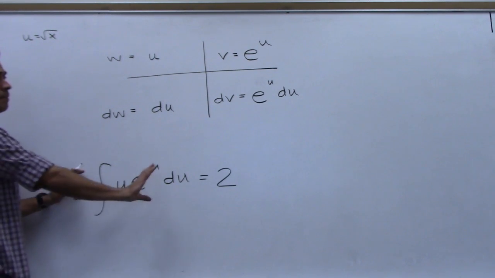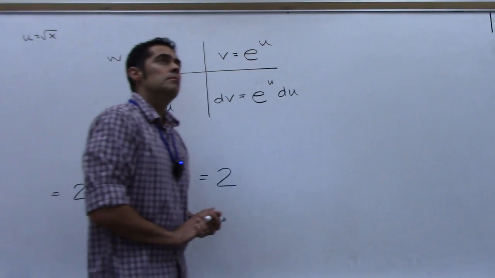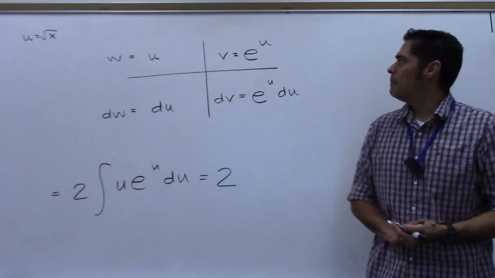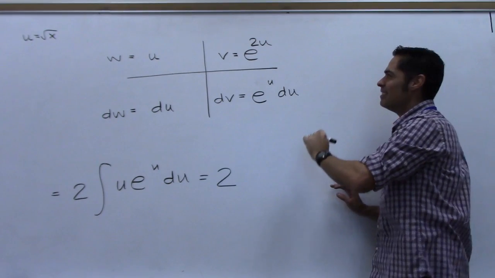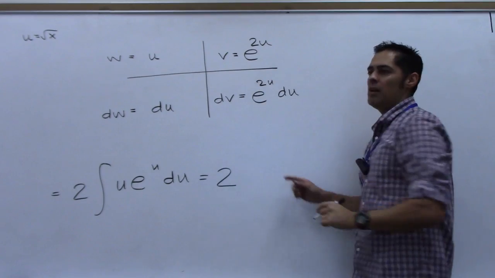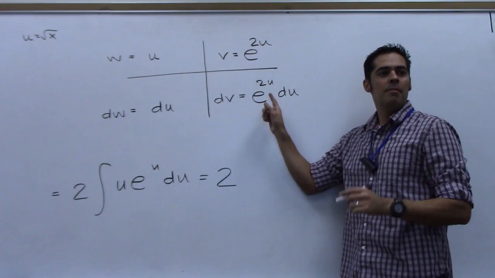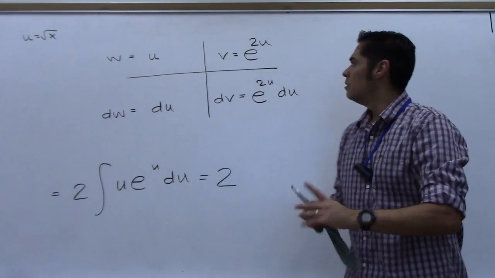Yes? For v, put 1 over u, e to the u, or no? No. If it was like 2u, which it's not, I don't know where you get that crazy idea from. If this were 2u, then you would have to scale by 1/2. But you don't scale by the variable. It's the coefficient of the variable.